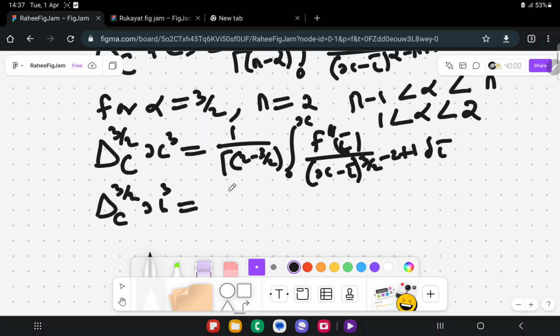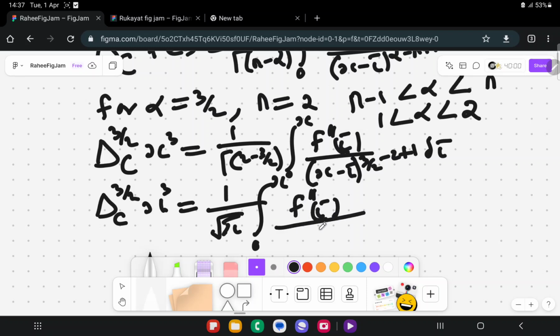Now this will simplify to 1 over gamma of half, which is the square root of pi, into our integral from 0 to x of f double prime of tau over x minus tau.